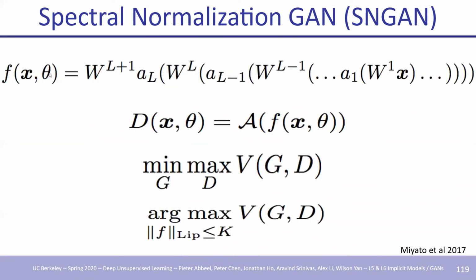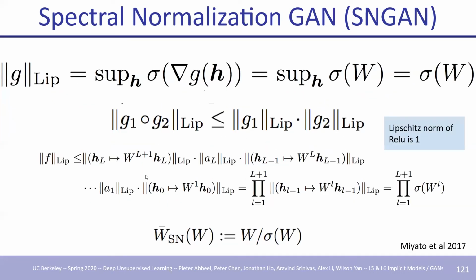We have f, and we have this equation that's being used. So it's the Lipschitz norm of each of these layers, and we're using this inequality here.